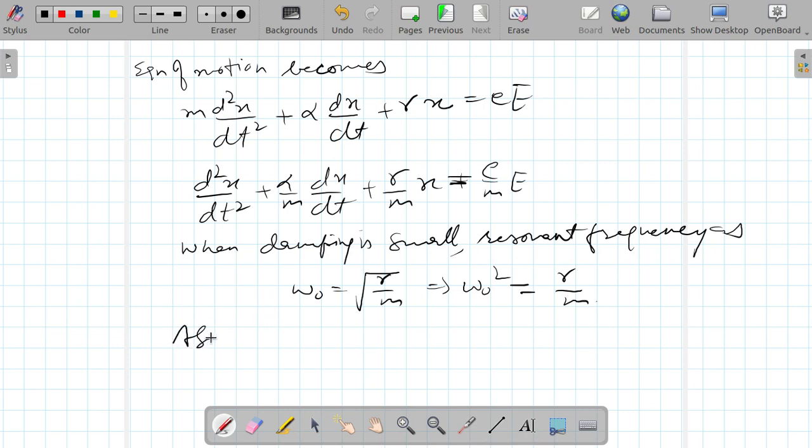Also choose g naught equal to alpha by m.